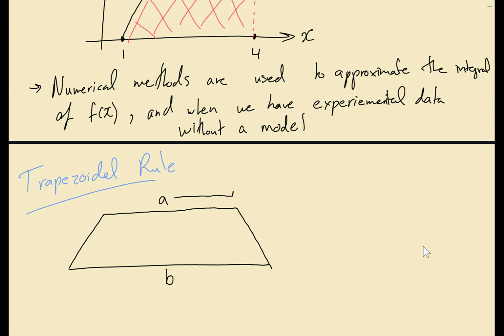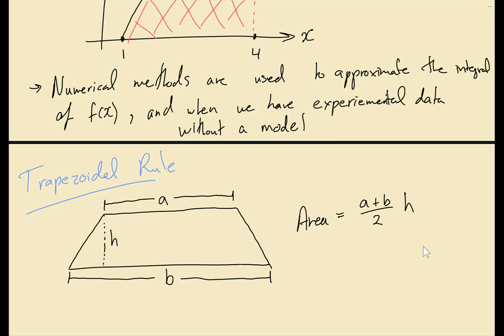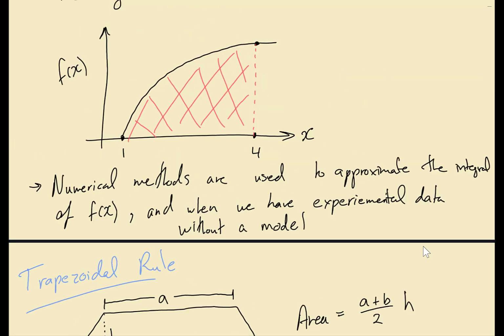And then we have the height for the trapezoid, which is represented with H in this case. And the area for this trapezoid is A plus B divided by 2, so the average between A and B, multiplied by H. So that's the area.